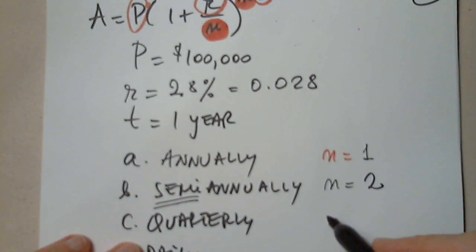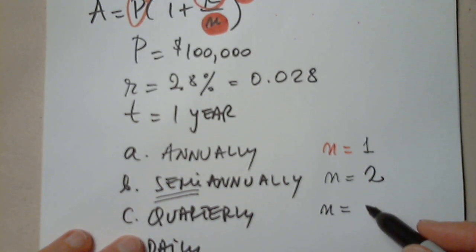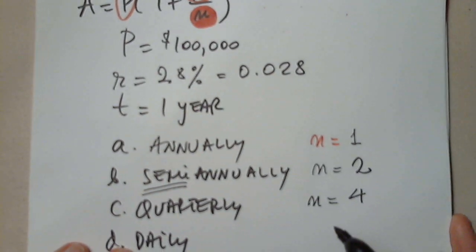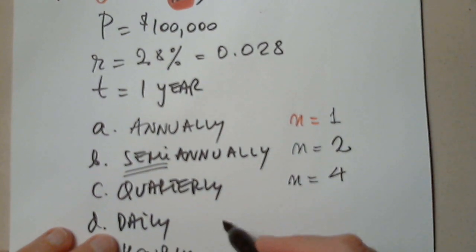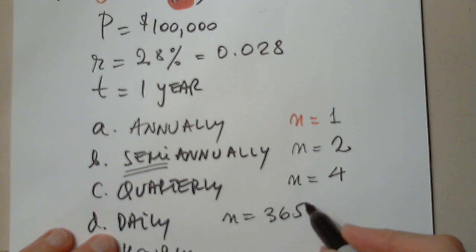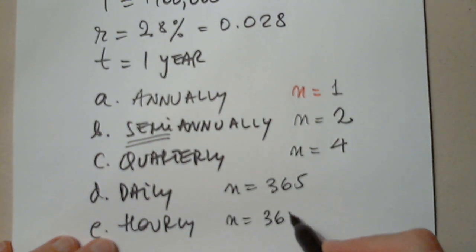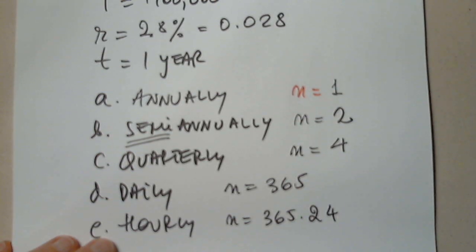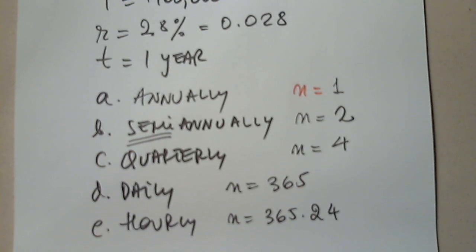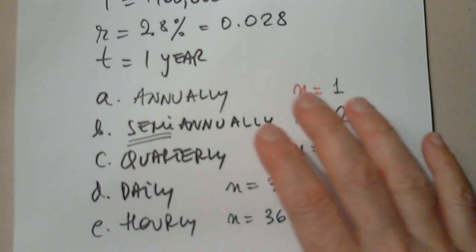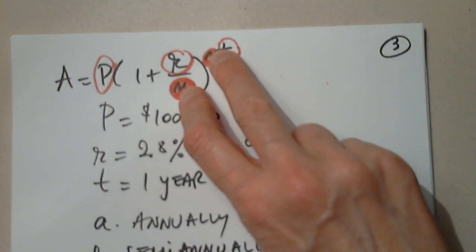Very good. What is N in the third? 4. Perfect. What about daily? 365, we consider that. What about hourly? Well, it's 365 multiplied by 24 hours a day. So this is my variable.